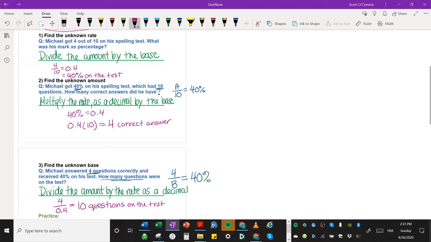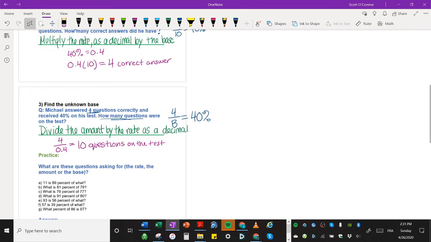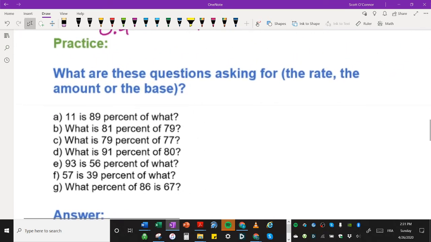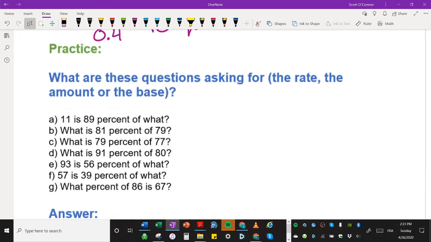Let's take a look at some practice questions together. To start us off, let's just identify what you're being asked for. So 11 is 89% of what? Let's create the fraction.